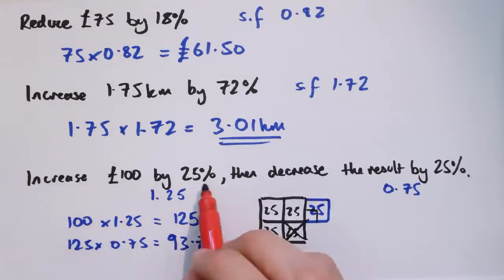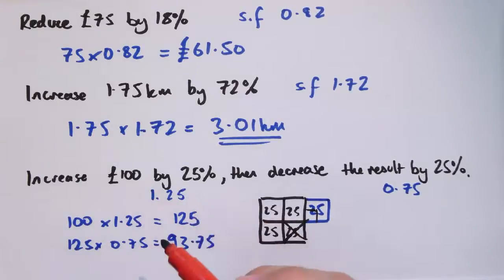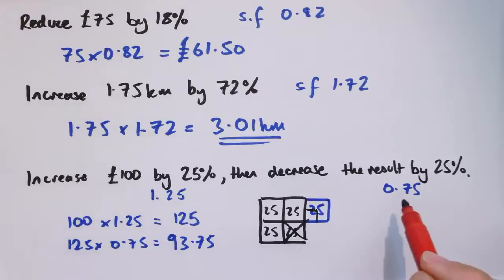So when I increase by 25%, it was 25% of 100, but when I decreased by 25%, it was 25% of 125. So the actual amount of the decrease was lower, even though the percentage was the same.